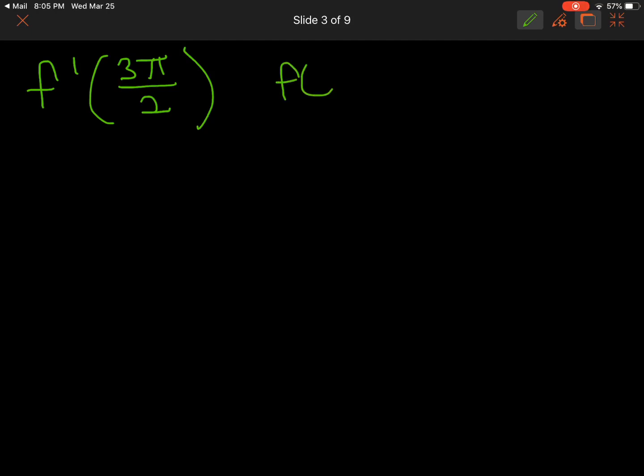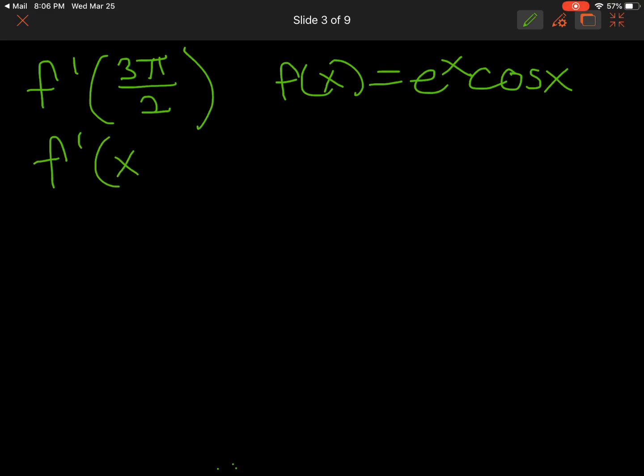So we remember our original function is f of x is equal to e to the x cosine of x. Well, to take the derivative, remember we have to use the product rule. So the product rule tells us that the derivative is the first function times the derivative of the second function plus the derivative of the first function times the second function.